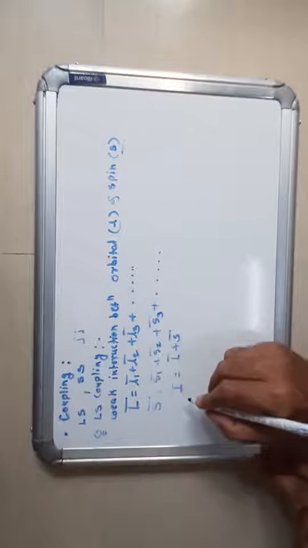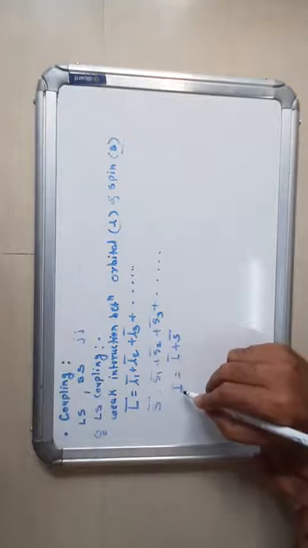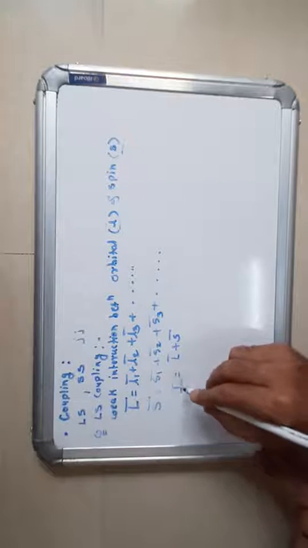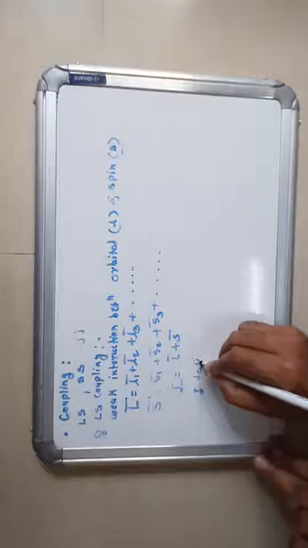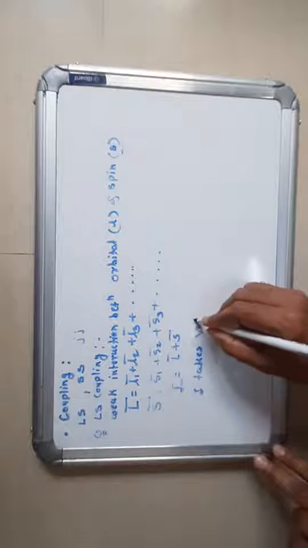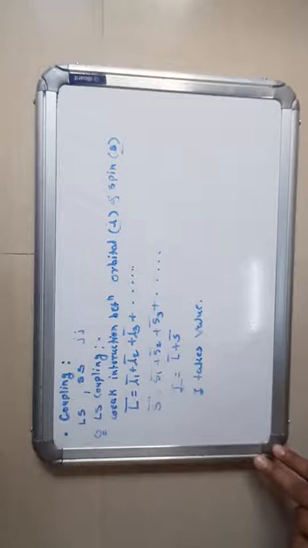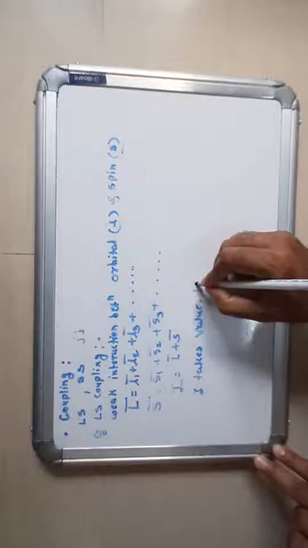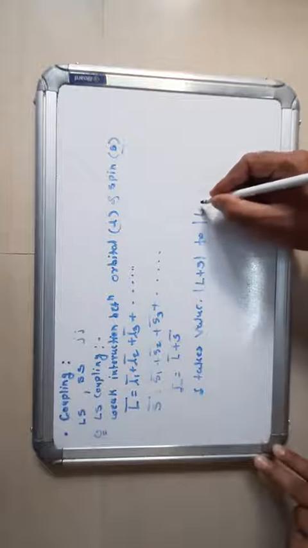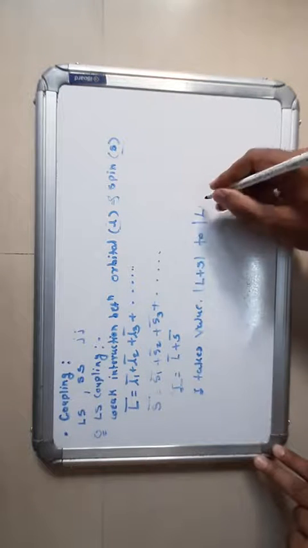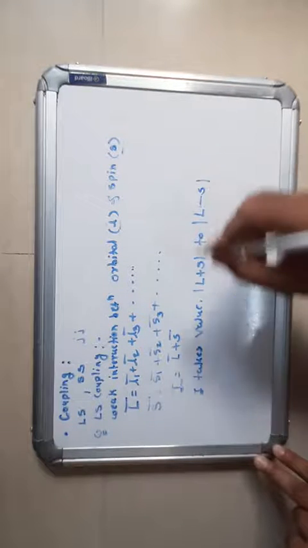Its value is generally denoted by letter J, but here we take the letter I, and its value takes the values from the magnitude of L plus S to the magnitude of L minus S, right.